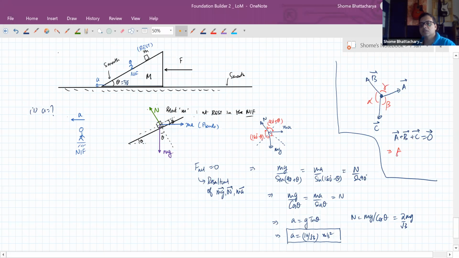We get the result that A by sine alpha is equal to B upon sine beta is equal to C upon sine gamma.